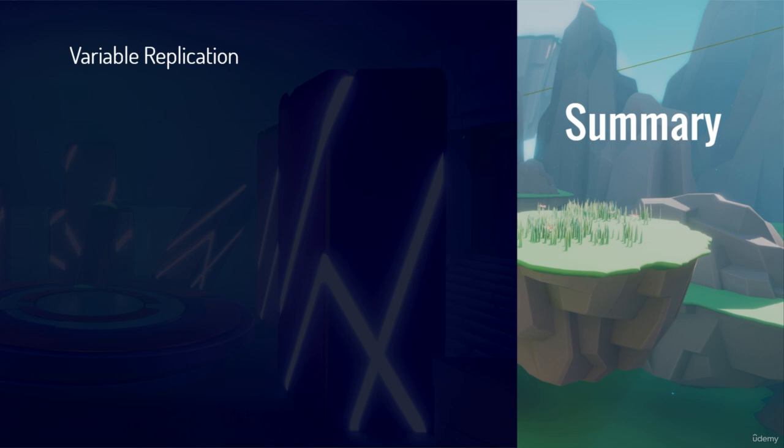And we saw that the rep notify only gets called on clients, as variables never get replicated to the server, only from the server. And we learned how we can use a condition to allow us to only replicate to the owner of a character. So rather than replicating a variable's value to all clients, we only replicate to the client that's currently controlling the pawn, in our case, BlasterCharacter.